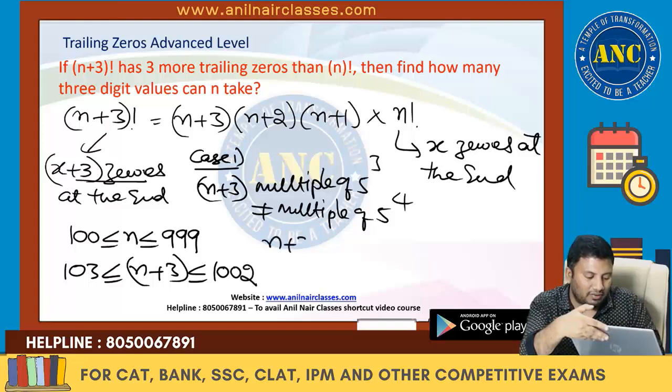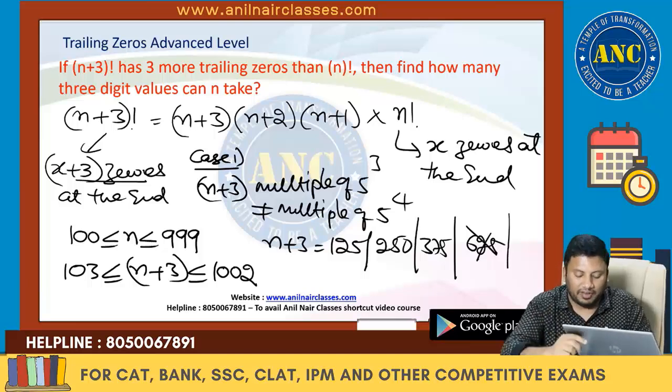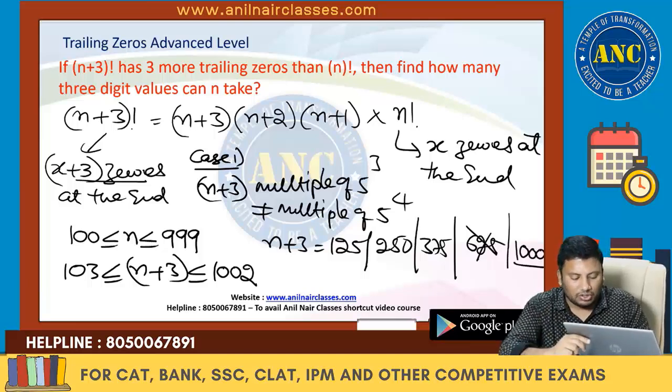So n plus 3 will take 125 ones, 125 twos, 125 threes, 125 fives, which I will eliminate, up to 125 eights, which is 1000. So in total 8 values, out of which 1 value is eliminated.